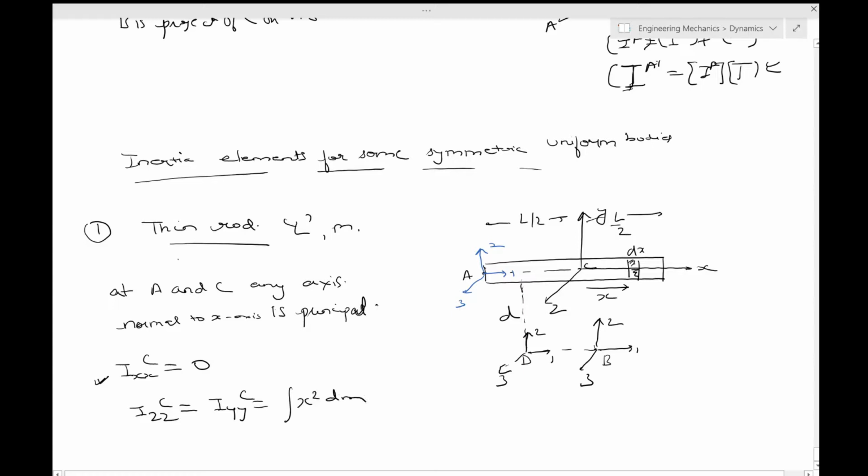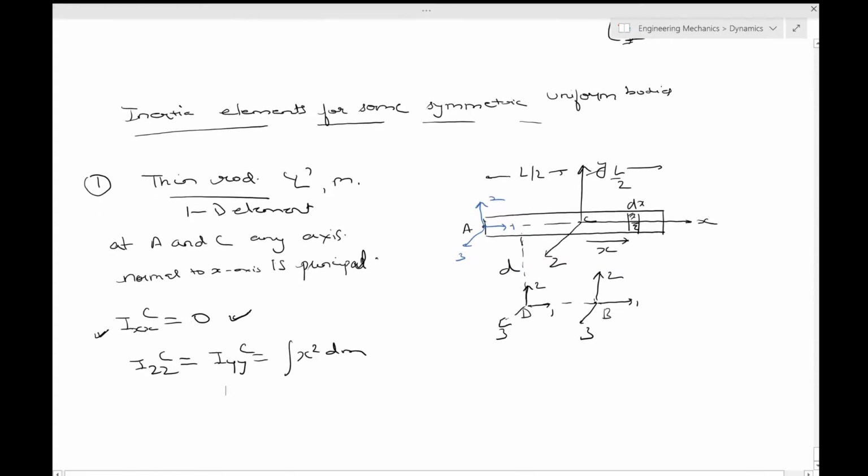Remember, it's a 1D element, so Ixx of C would have terms of y square and z square, so that's why this will be equal to 0. And over here also you will have x square plus y square and z square plus x square, but z squares and y squares are 0 because it's a 1D element, so you are only left with this.